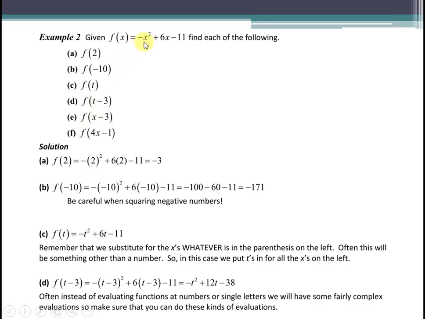So we should just change our x's to t minus 3. So the answer of our equation is minus (t minus 3) squared plus 6(t minus 3) minus 11. Or after simplifying our expression, we have minus t squared plus 12t minus 38.